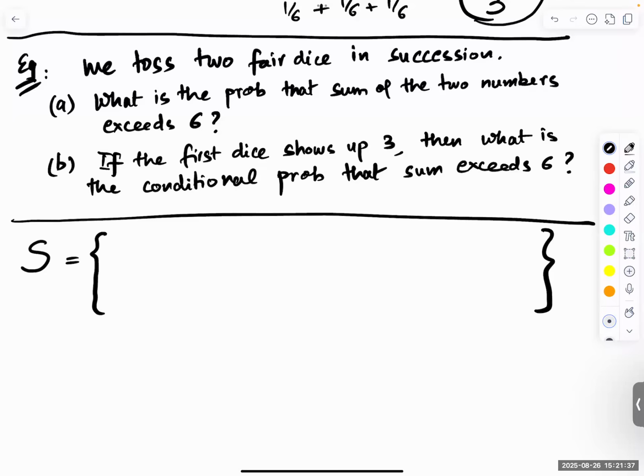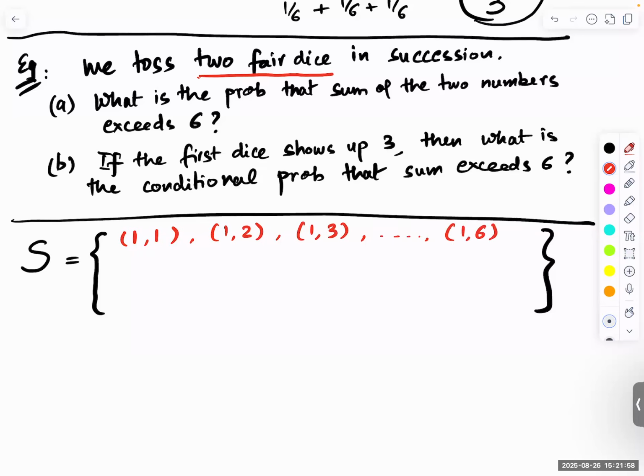So remember, now we are tossing two dice, not coins, two fair dice in succession. So we will have two things that would show up. We could have number 1 show up and then number 1 show up. Then 1 and 2 show up in the 2 tries, 1 and 3, all the way till 1 and 6.